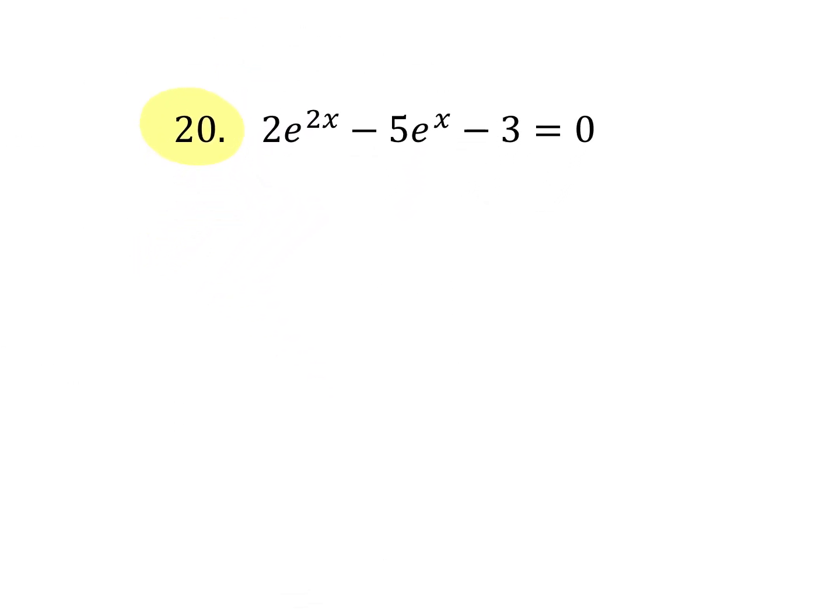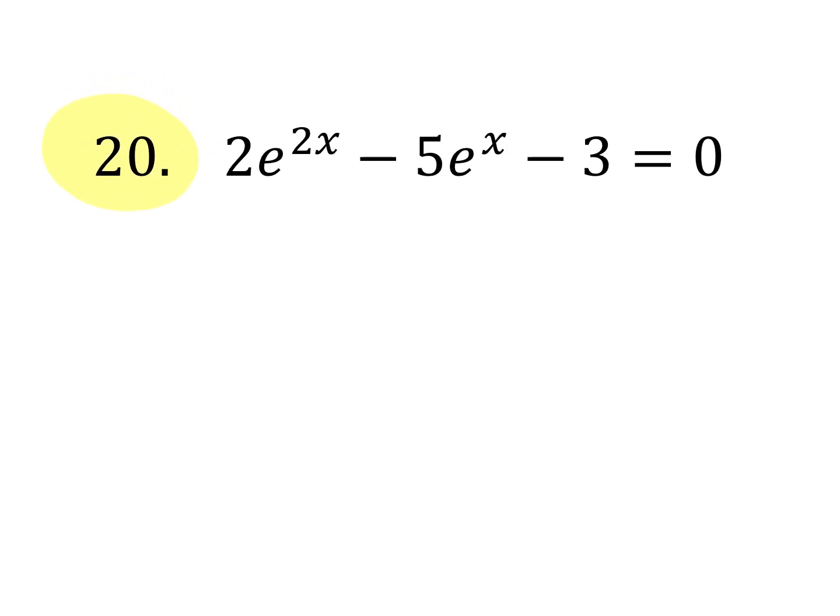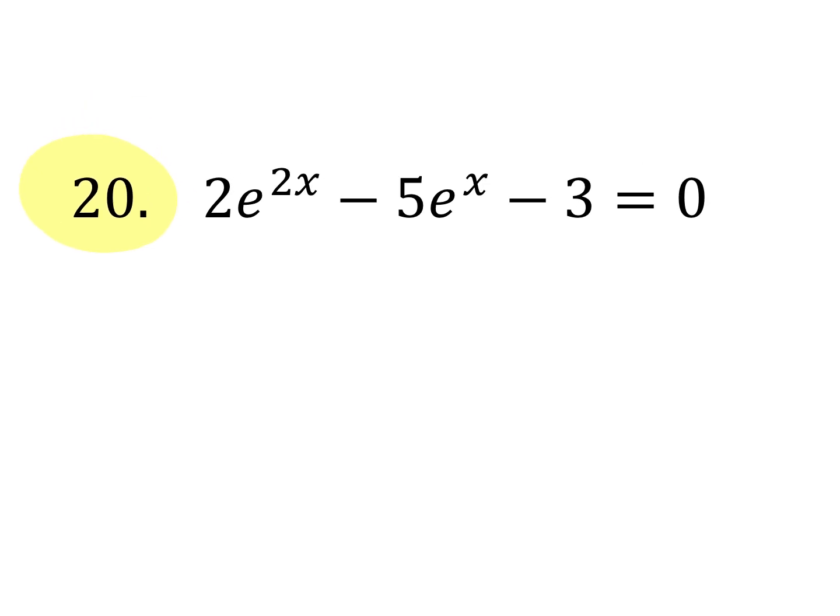So let's look at 20. So there were a couple like these from the WebAssign. We didn't really talk about them in this class, but I think there might be a couple in the video from the notes. But these look super similar to a regular quadratic equation. The only difference is instead of just having x or x squared, we have e to the power of x or e to the power of 2x.